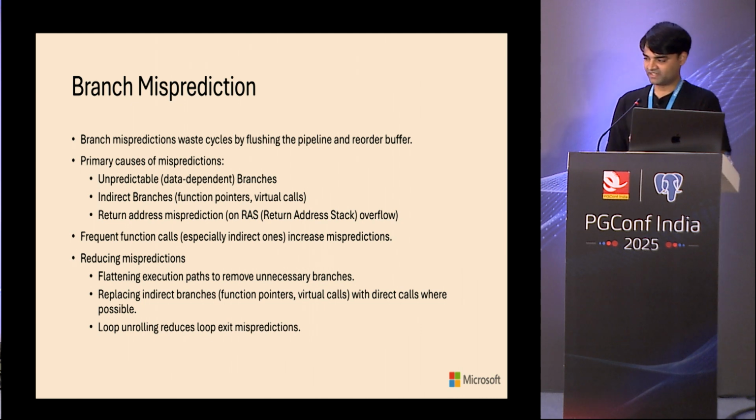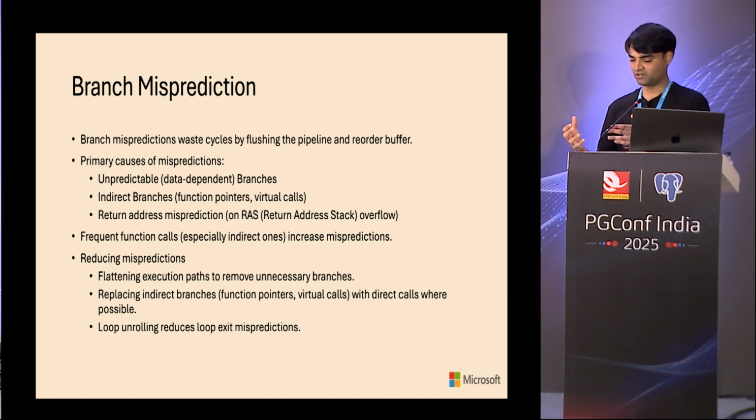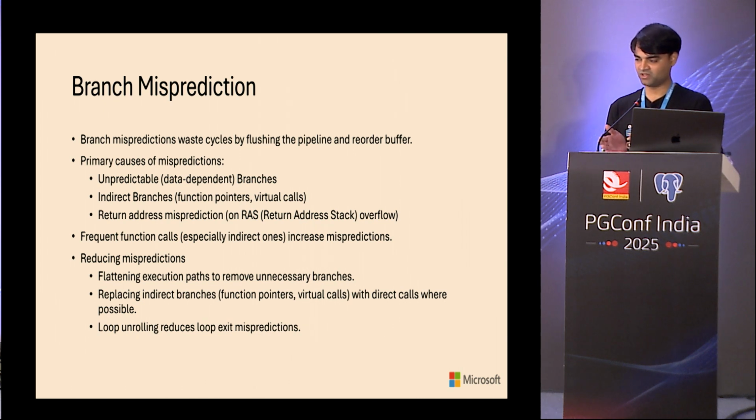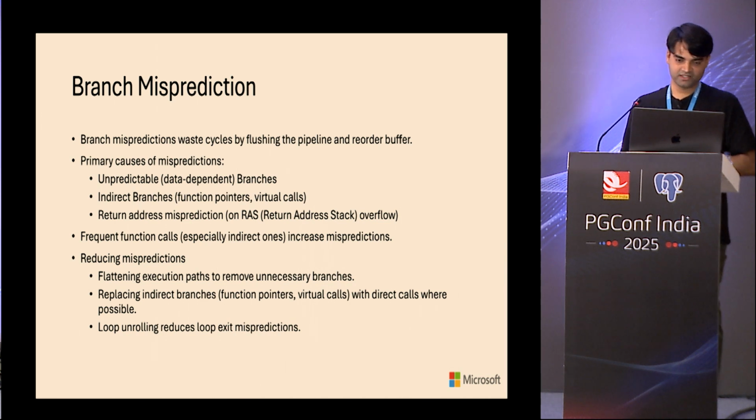If you have to read a piece of data to take a branch, you can't really be sure which branch will be taken unless you have read the data, right? And CPUs are not able to predict if the condition will be true or not. In some cases it does a good job, but in many cases it doesn't.